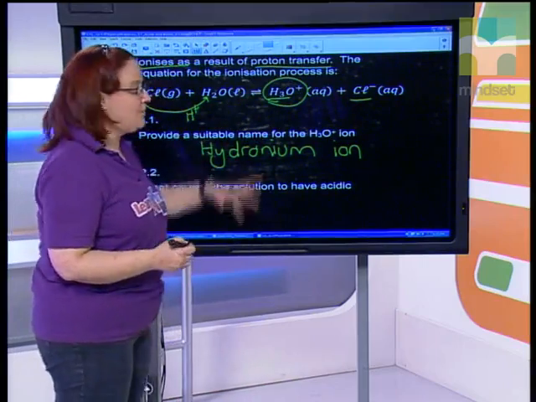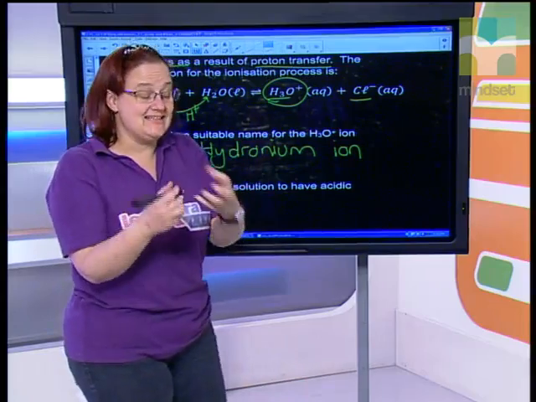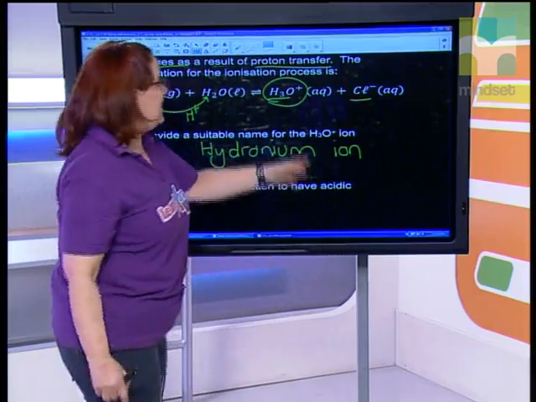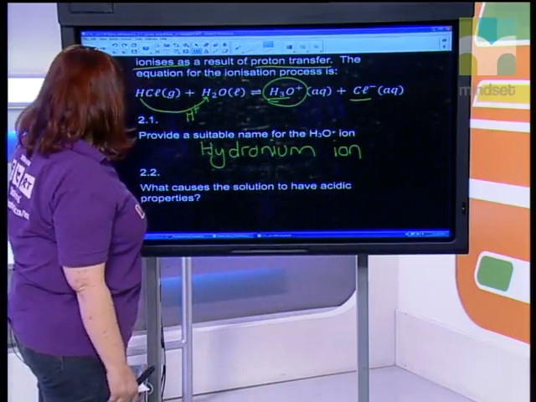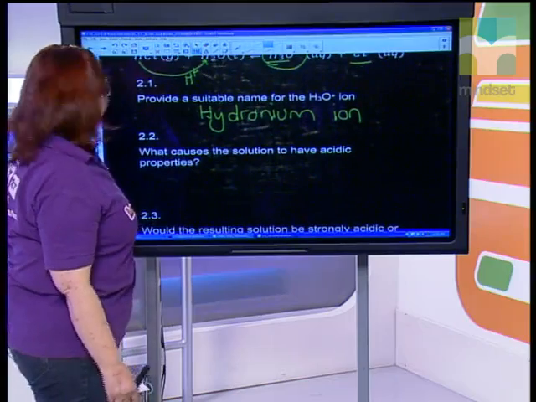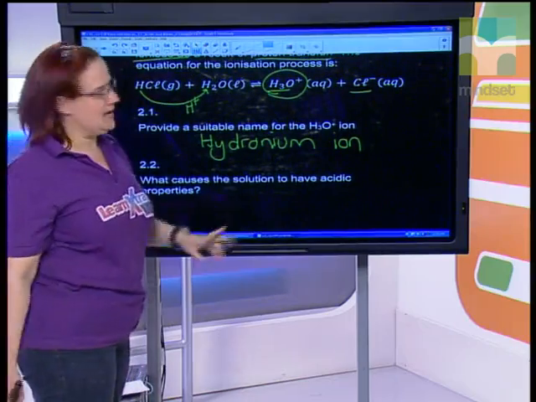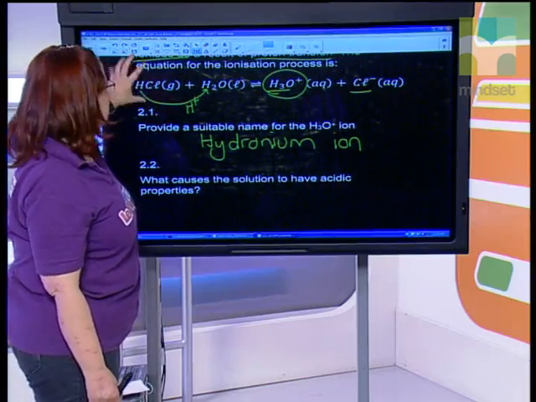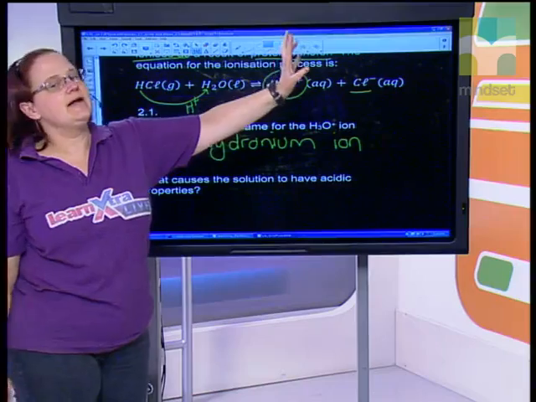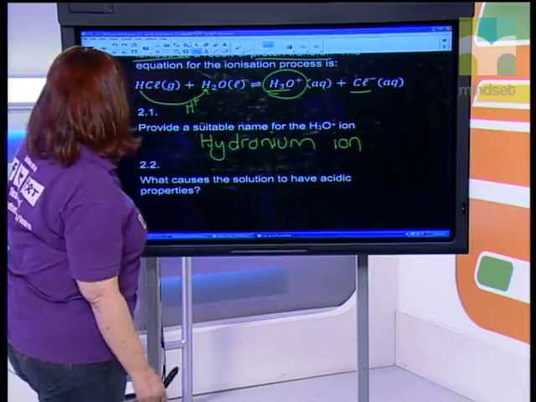Those H3O plus ions, it's that ion that makes acids corrosive, that makes it so dangerous, okay? And the more of those there are, the more dangerous it becomes. So it's an acidic property because it has the H3O plus ion, and we've had hydrochloric acid, HCl, hydrogen chloride in gas form, donate its hydrogen to the water.